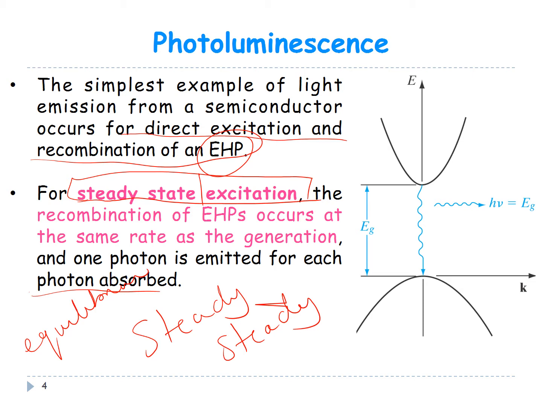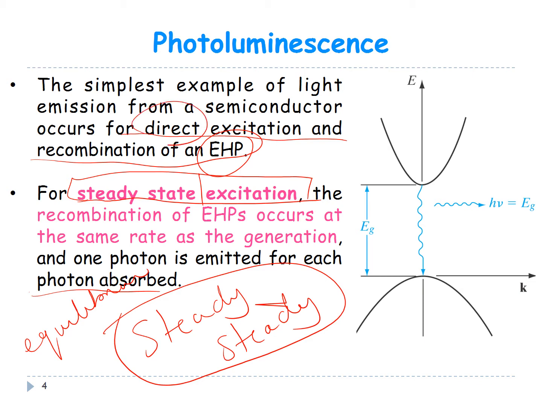But now at steady state, you get excess carriers in addition to these equilibrium carrier concentrations. And if the total number of electrons, for example, in the conduction band remains constant with time, then you are in steady state. So we'll revisit this later in the following slides. And remember, here we are talking in terms of a direct excitation and direct recombination.